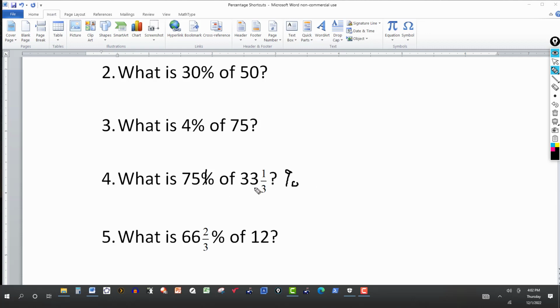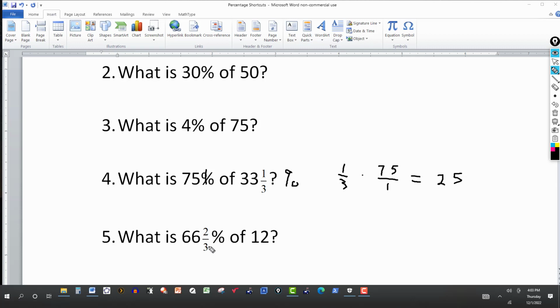And we just saw that 33 1/3% is equivalent to the fraction 1/3. So that's the same thing as saying 1/3 of, and of means times, 75. And 1/3 of 75 is 25, 25 is 50, and 25 more is 75. So this is 25.